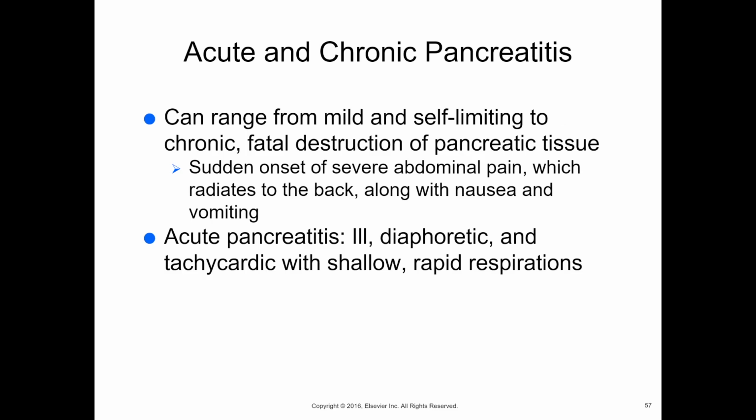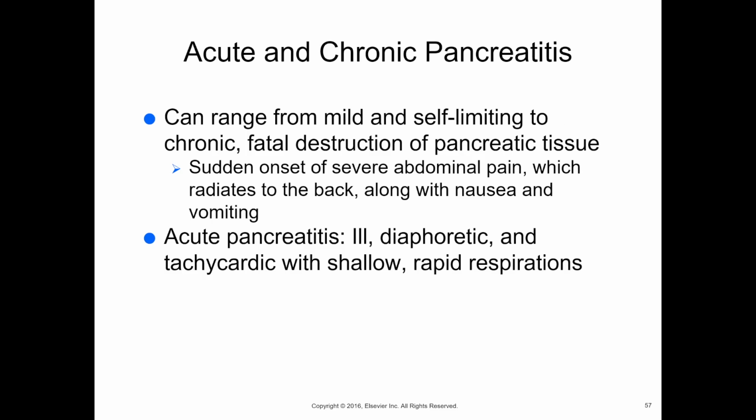But there are also other cells in the pancreas that make pepsin. Remember, pepsin is a key substance in the breakdown of proteins. So when we're talking about pancreatitis, we're really talking about disrupted regulation of a little bit of all of that, but primarily the digestive side of things.